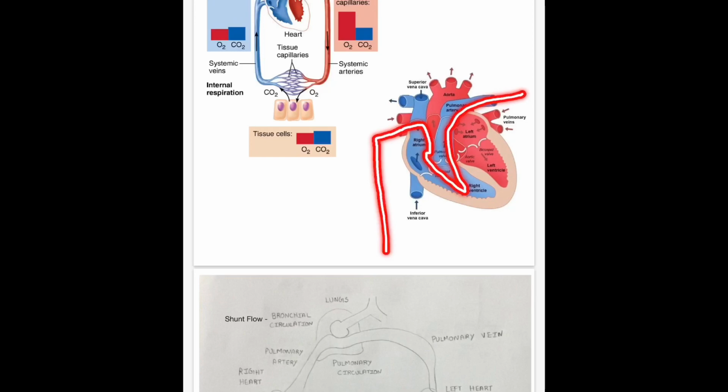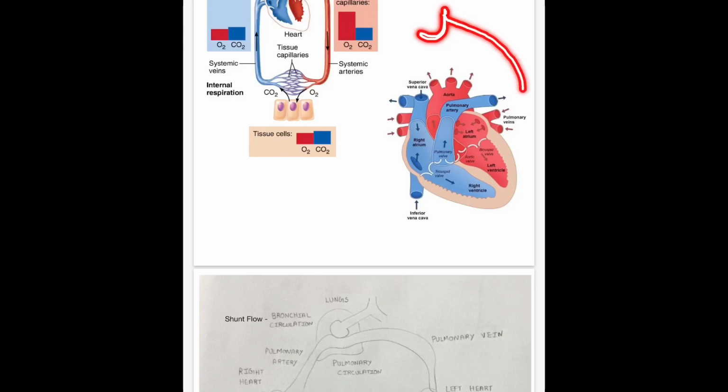and from the pulmonary artery, the blood is transported to the capillaries of the lungs, I mean pulmonary capillaries of the lungs, where the deoxygenated blood is oxygenated, and the oxygenated blood is transported from the pulmonary capillaries through the pulmonary veins to the left atrium of the heart.